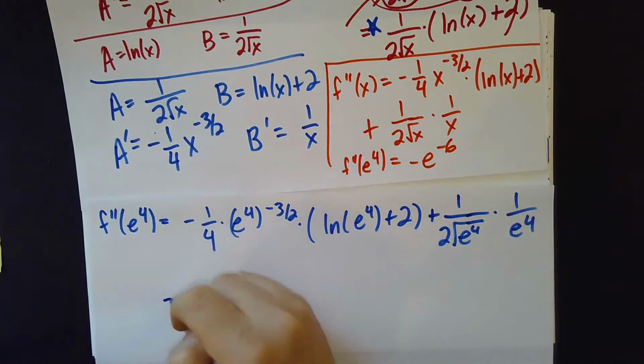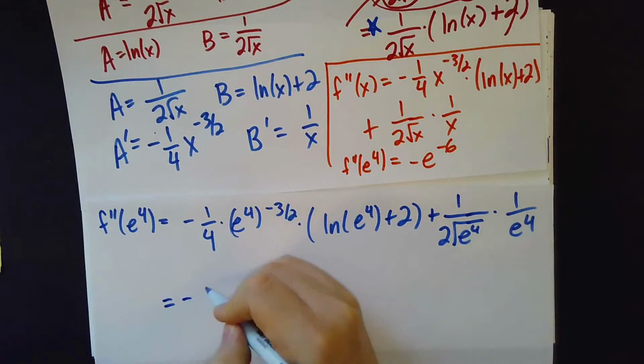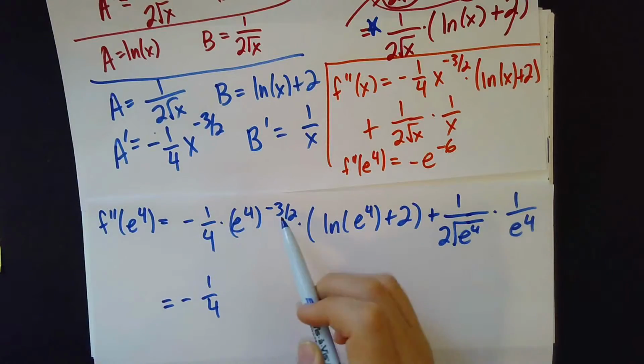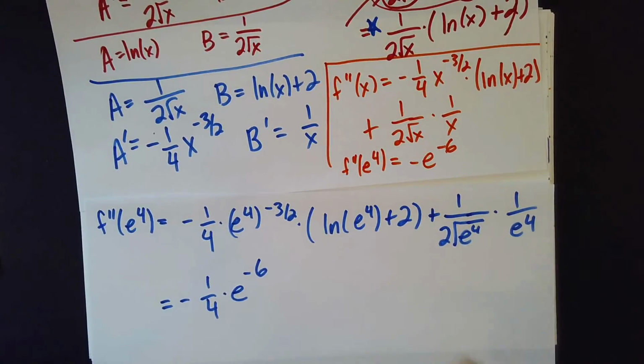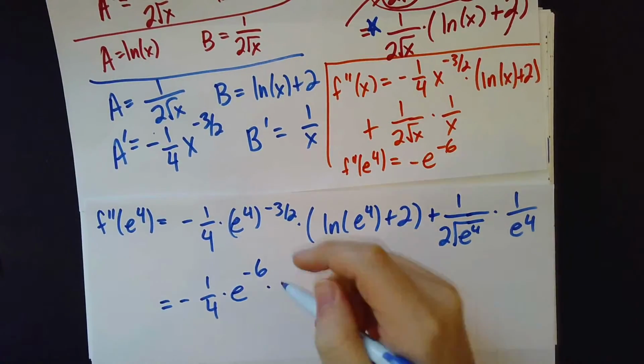Okay, so this is minus 1/4. Okay, I multiply these powers, so that is e to the minus sixth times the log of e to the fourth is 4.